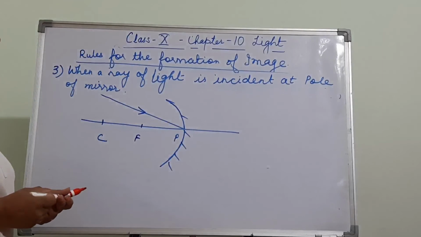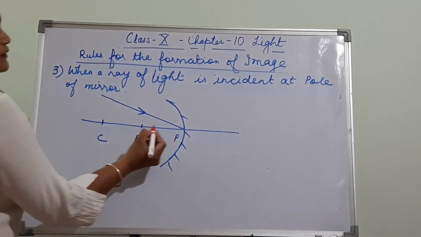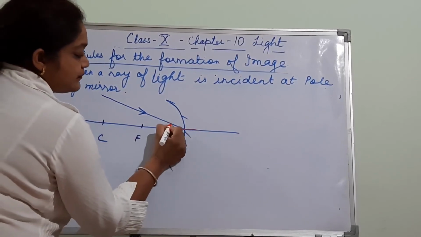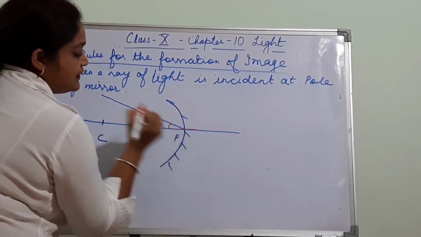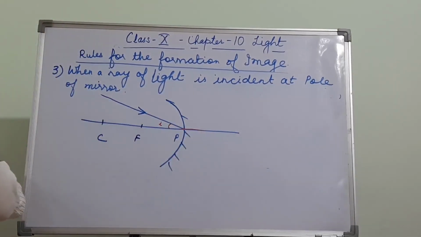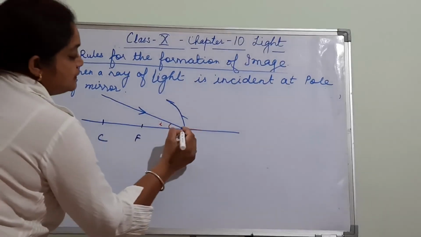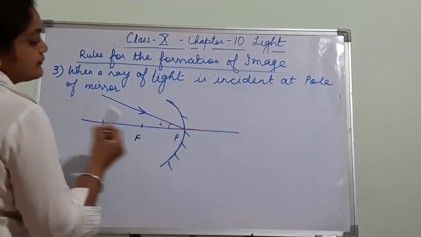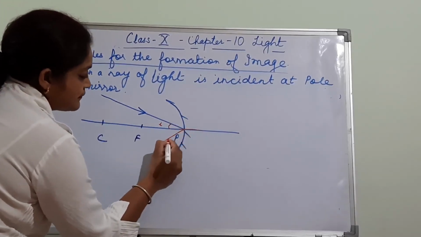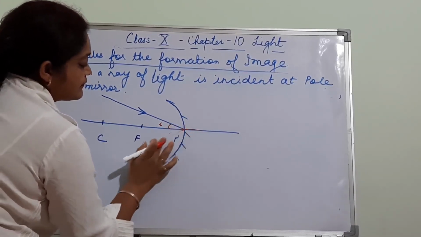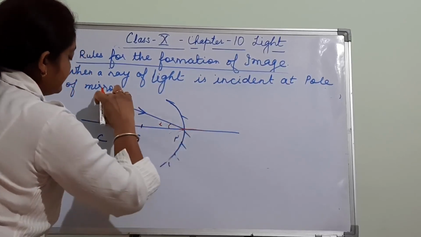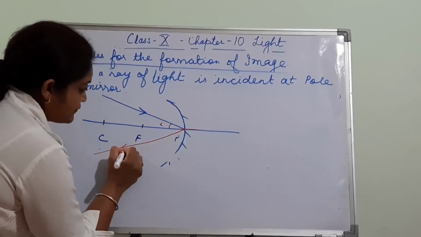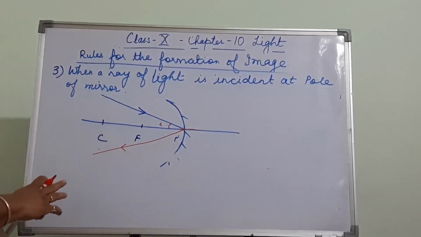So here this principal axis will act as normal and this is angle of incidence. So here the reflected ray will go like this.